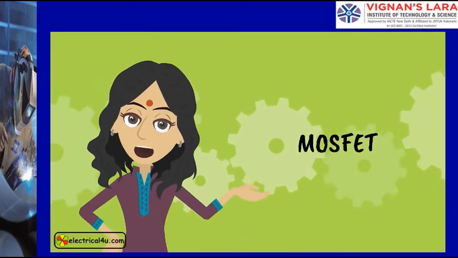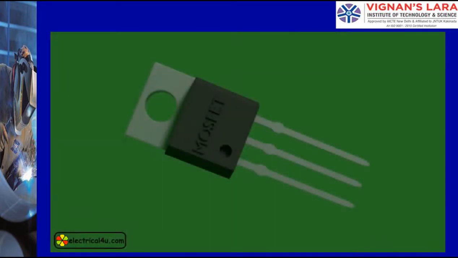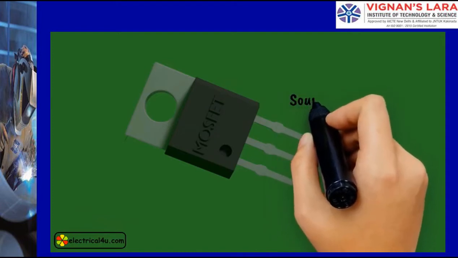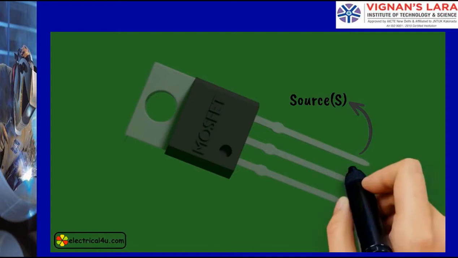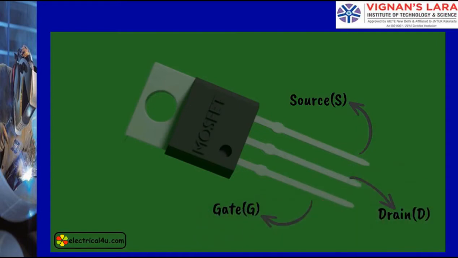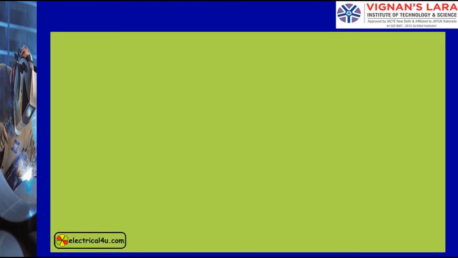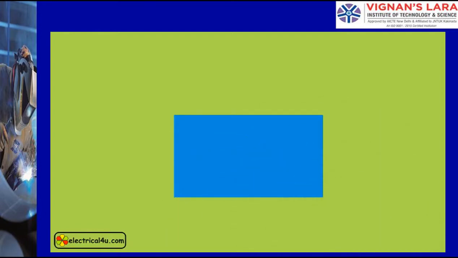Let us discuss MOSFET in detail. MOSFET is an electronic device most widely used in ICs. It has three terminals named source, drain, and gate. Construction of the basic design of a MOSFET is quite simple. Just take a block of P-type semiconductor.